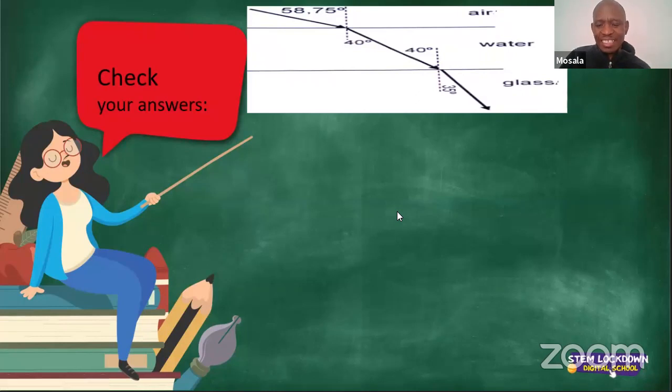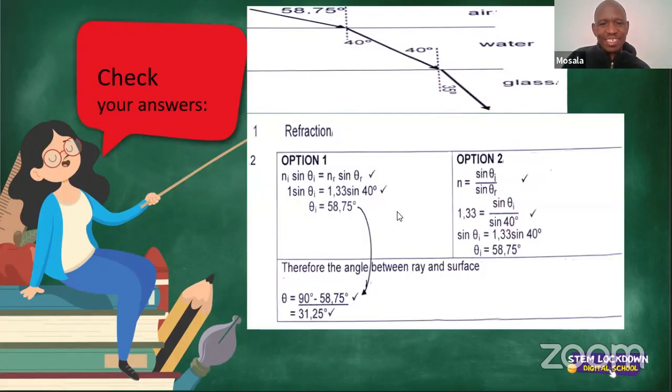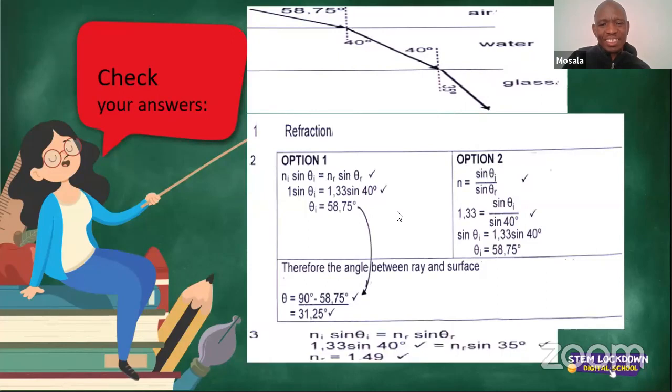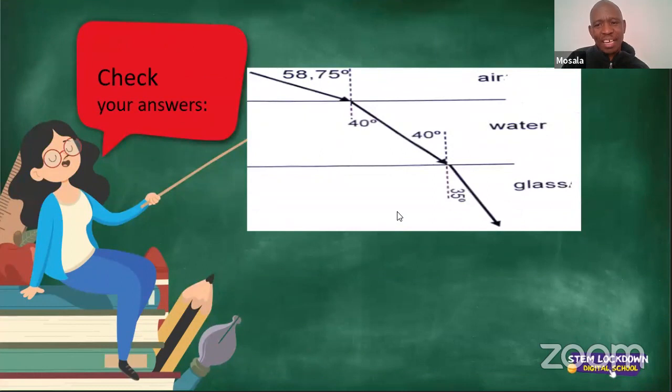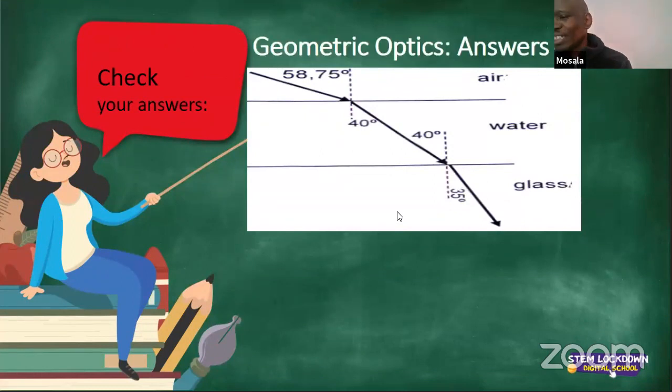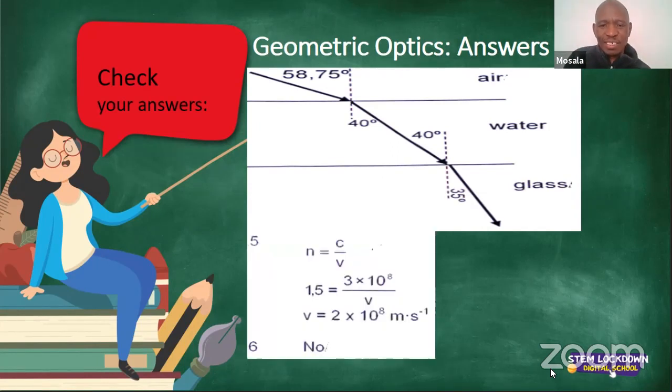Right, and the other question, we have talked about this, and we have done this. So this is the same diagram. The other question was, calculate the speed of light through the glass prism if the refractive index of glass is 1.5. Remember, we calculated it to be 1.49, but here we are asked to use the value of 1.5.